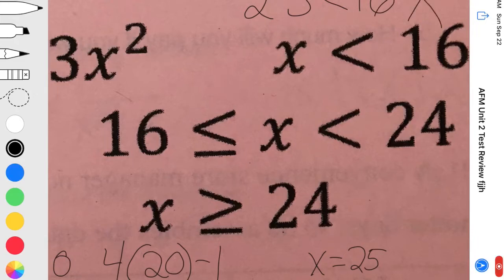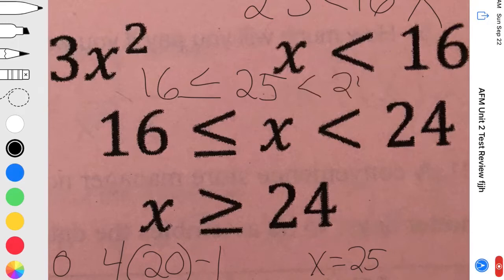No, so we can't do step 1. So we got 16 less than or equal to 25. Well, is 25 greater than or equal to 16? Yes, but in step 2 we have 2 parts of our restriction. So the other part is, is 25 less than 24? No, so this is false, so we would not be using step 2.